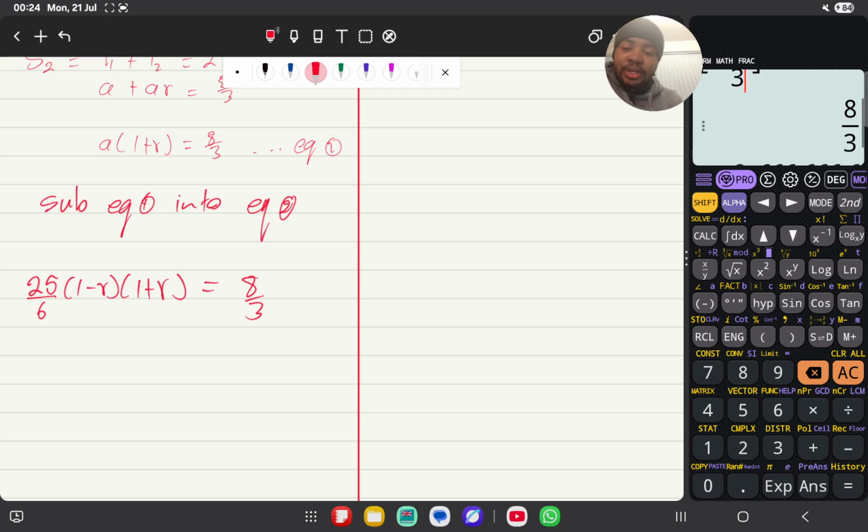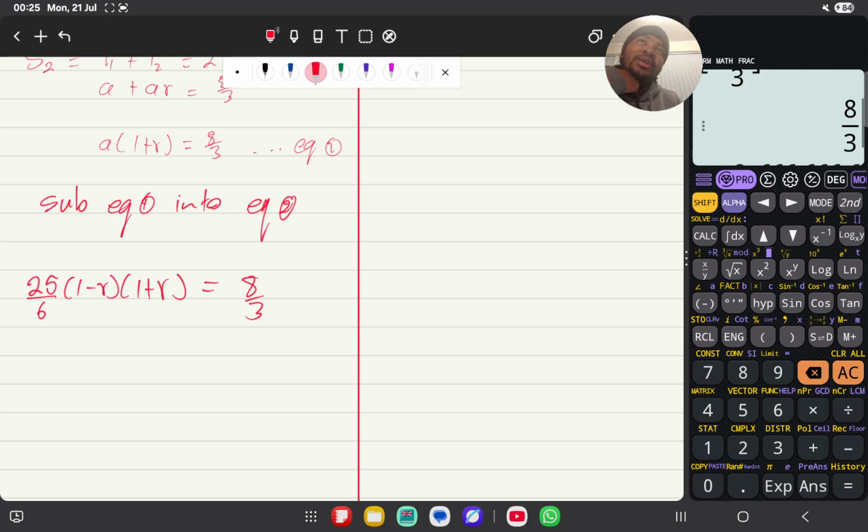And one possible way, both of these, they have a factor of 3. In fact, that's the highest common factor between 3 and 6. It's 3. So if I multiply by 3, I know this denominator will be gone. But remember now, when you want to get rid of these denominators, you don't multiply by a highest common denominator.